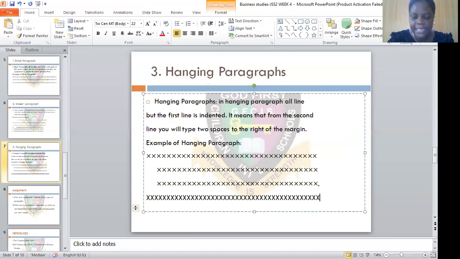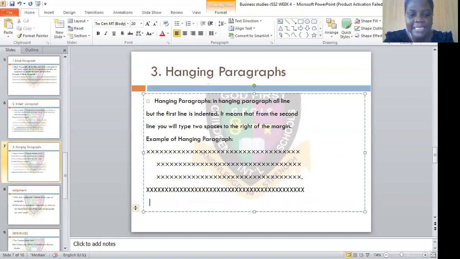Are you with me? Then you press enter again. It will still start from the beginning of the left cursor, but you give 2 line spaces before you start to type your words. Are you getting it now? And that is how you continue for the rest of the lines.